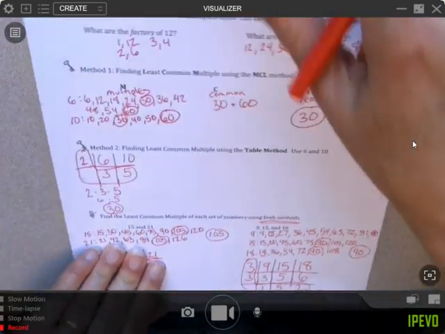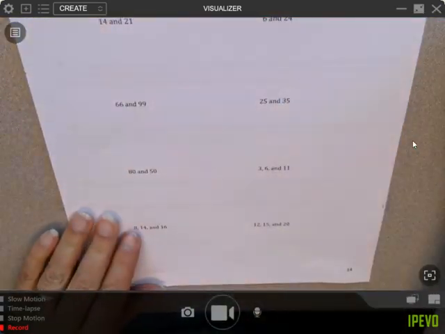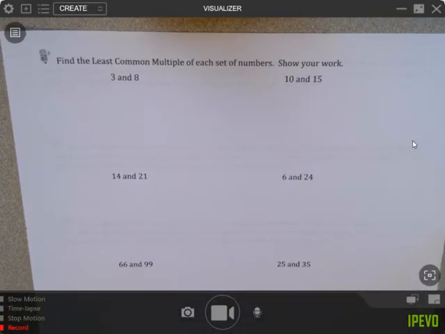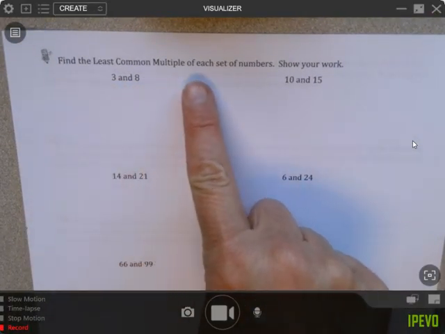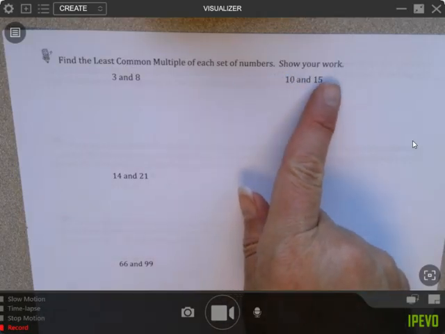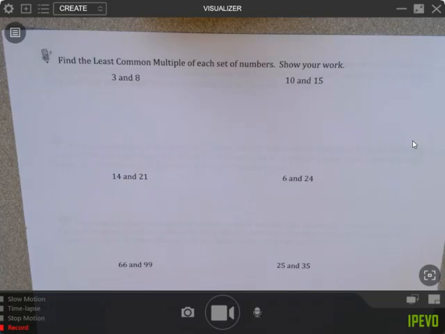So, on our second page, the directions say, find the least common multiple of each set of numbers. Show your work. Some of us are going to look at a couple of these sets of numbers and say, oh, I can do it in my head. You need to show me what method you used. Are you doing multiples? Show me your list of multiples.